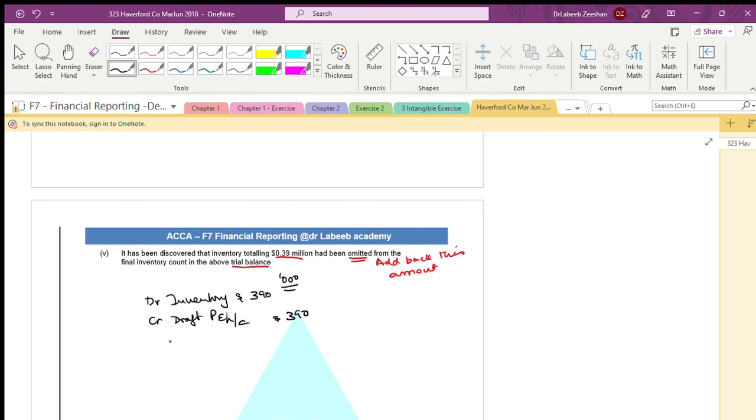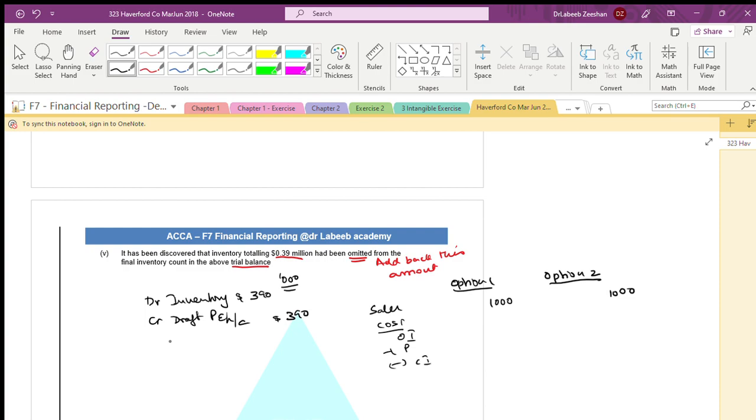I will show you a small explanation of how it will affect profits. Option 1 and option 2. Take sales as 1,000; this is only an example. Cost of sales is opening inventory plus purchases minus closing inventory.